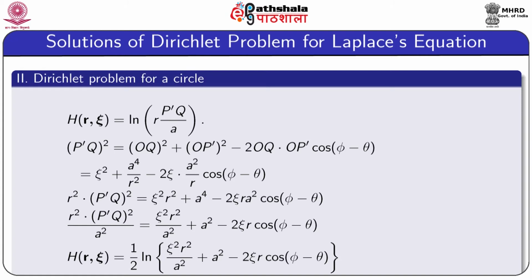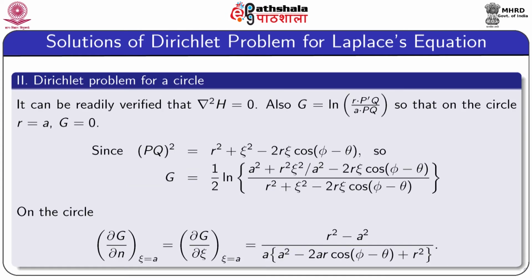Now, if we take the square root of that expression, we obtain the expression for capital H as half of log of xi square r square by a square plus a square minus 2 xi r cos phi minus theta. Now, with this expression for H, we can verify easily that Laplacian of H is equal to 0.